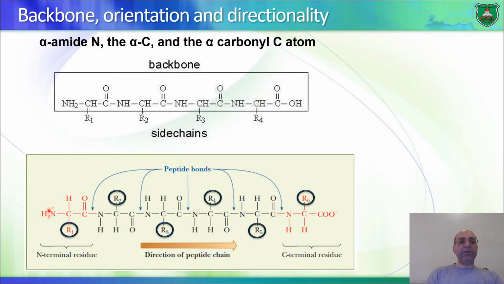Now, something else about peptides is that the R groups are in the trans orientation. In other words, you have an R group that goes, let's say, downward, and the amino acid next to it has its R group going upward. And then the following amino acid has an R group going downward, upward, downward.